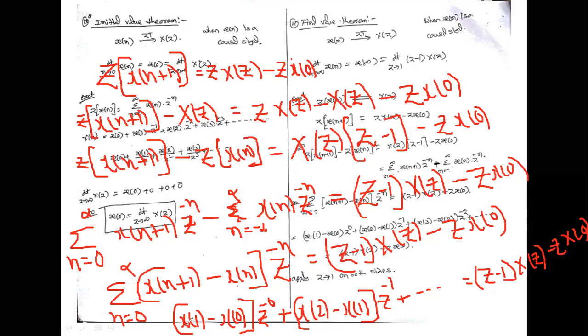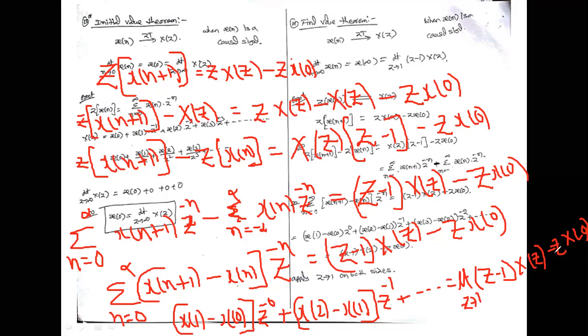And what is in the parenthesis here? 1 minus 0, 2 minus 1, and the next value is 3 minus 2, because 2 plus 1 is 3. Okay, and apply the limit on both sides. So now I'm taking the limit z tends to 1.